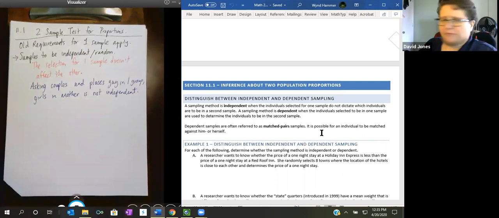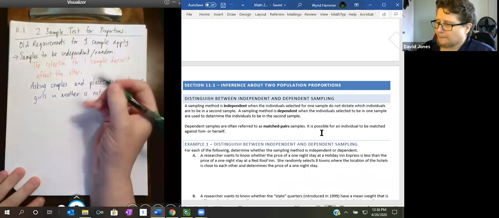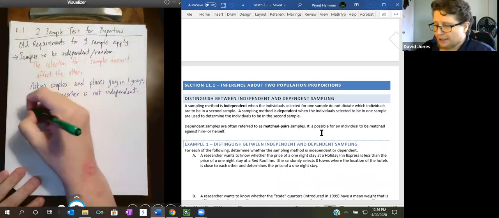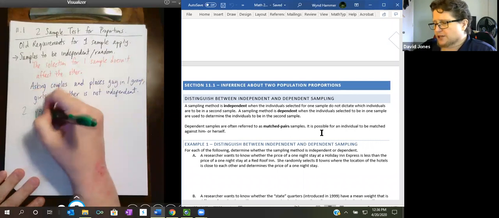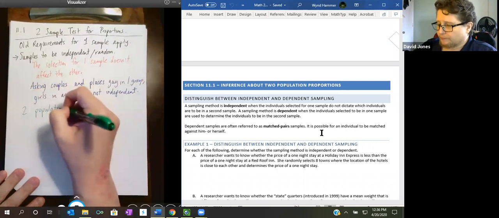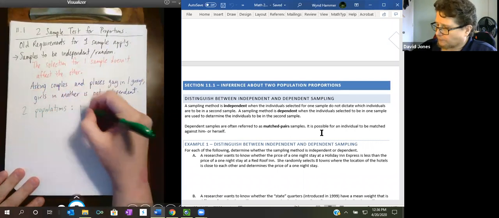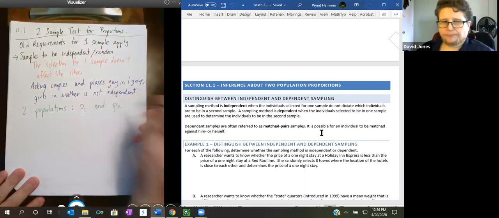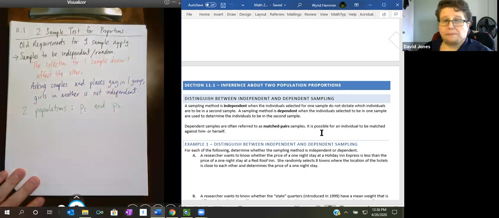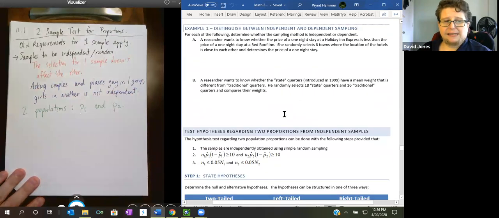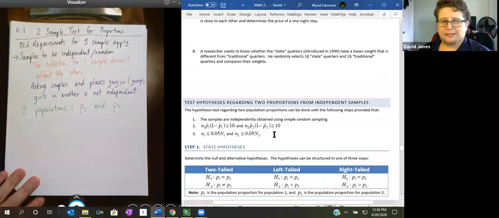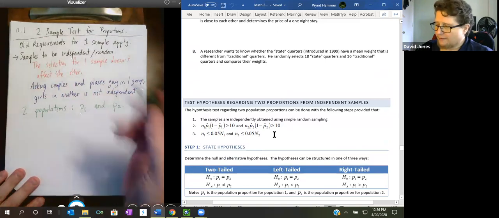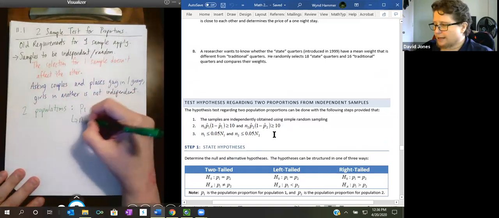So that's one requirement. We're going to have two populations. Let's call them P1 and P2. And corresponding to that, N1 and N2.